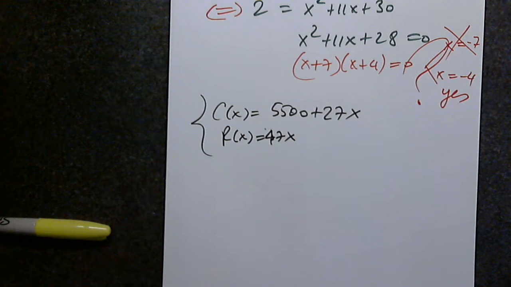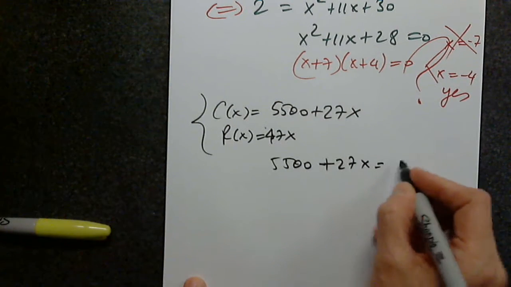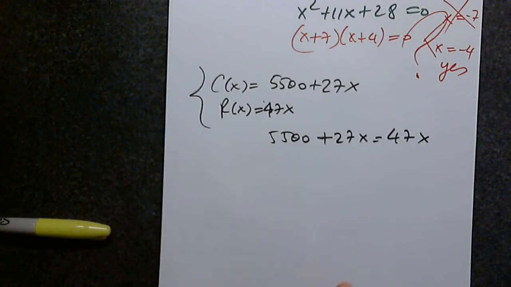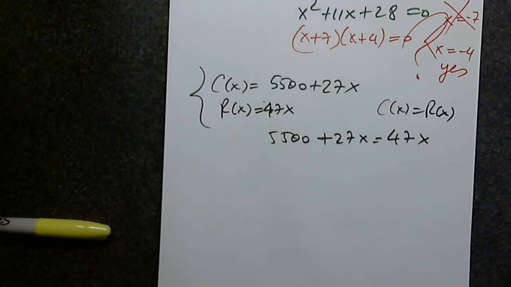You just said cost equal to revenue. Exactly. Which means 5,500 plus 27x equals 47x. The cost must equal revenue for break even. Exactly. Very good.